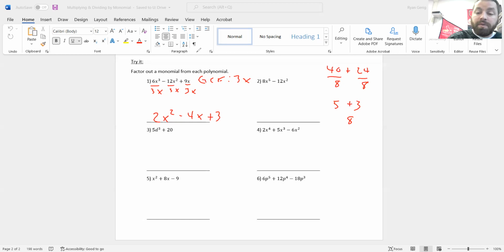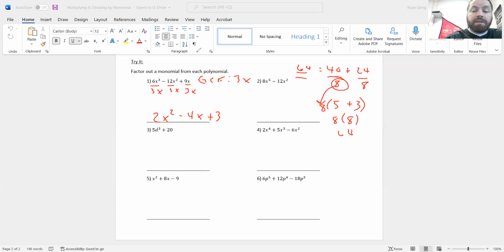We said 40 plus 24 was 64. Factoring should not change the value, but in that case, I did. What I need to do is take the 8 that I divided out and put it in front. Okay? If I do that, 8 times 8 is 64, and I'm back to what I had started with.